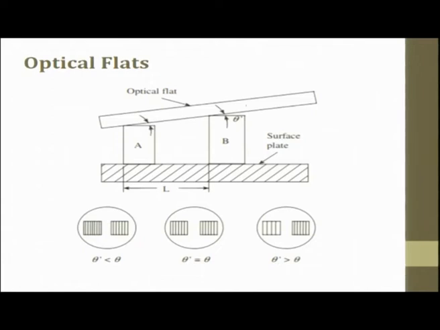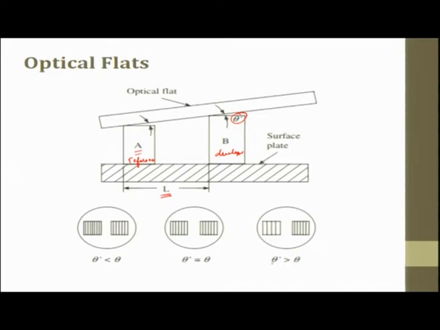So, these are the two slip gauges. You can see A can be a reference, and this can be what you have developed. Both have to be kept on a flat surface. This is the distance called L, and this is the optical flat placed at a small angle theta. If theta dash and theta are the same, you will see the same fringe patterns.